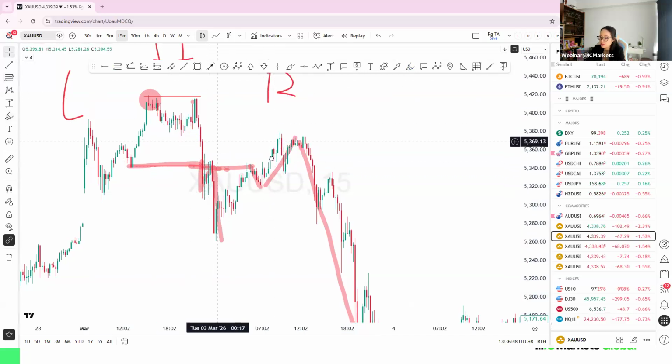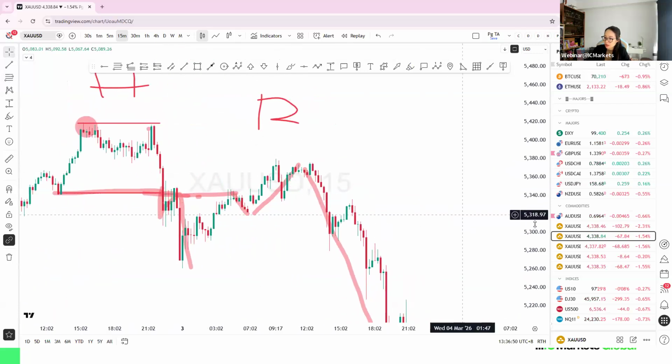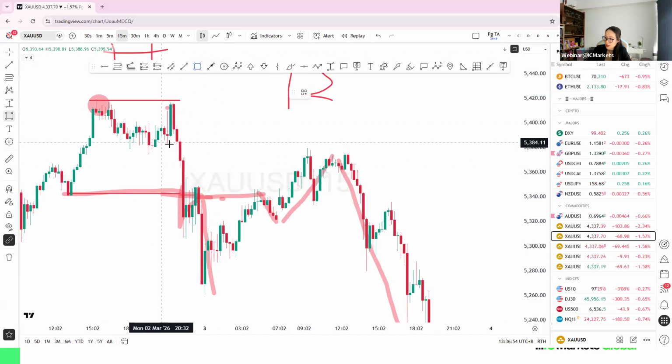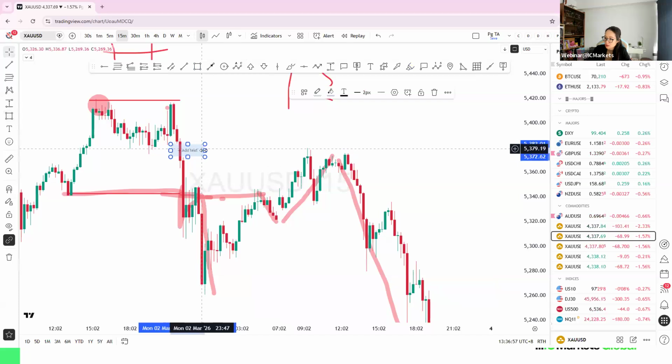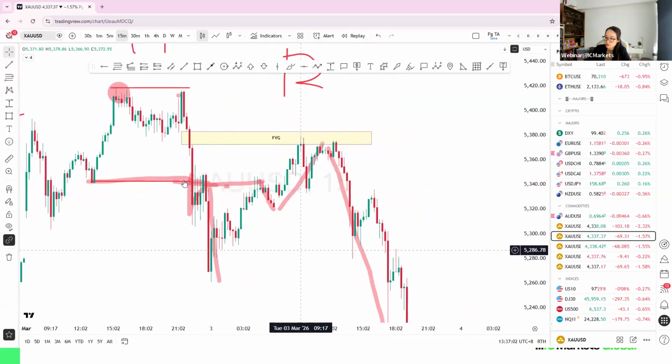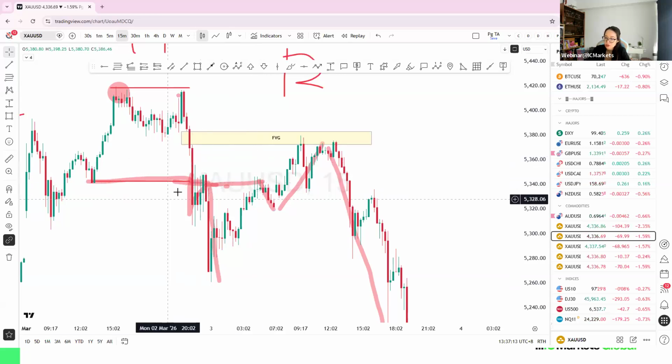Second, if we zoom in, they have another FVG, or fair value gap, which is here. So if you sell at the resistance for the first time, you can sell, but if price goes back up again, you see a rejection and it seems it doesn't want to break, then you keep in mind you shouldn't sell again at this level.